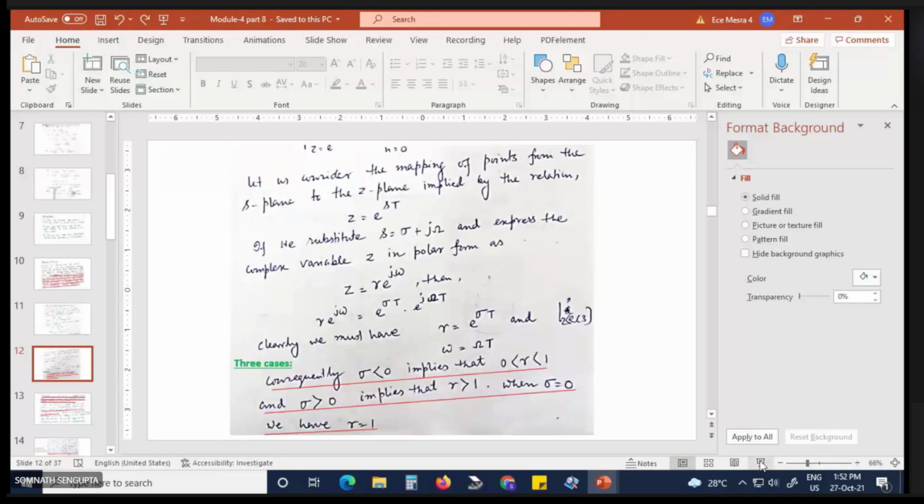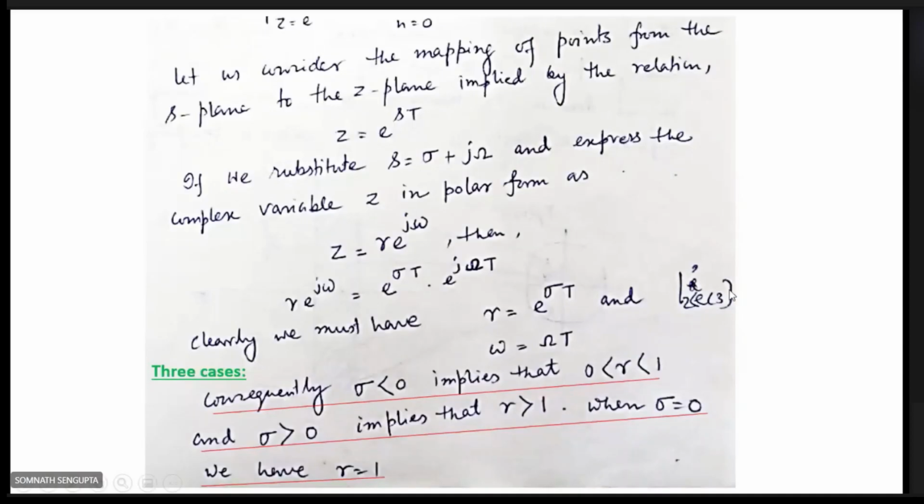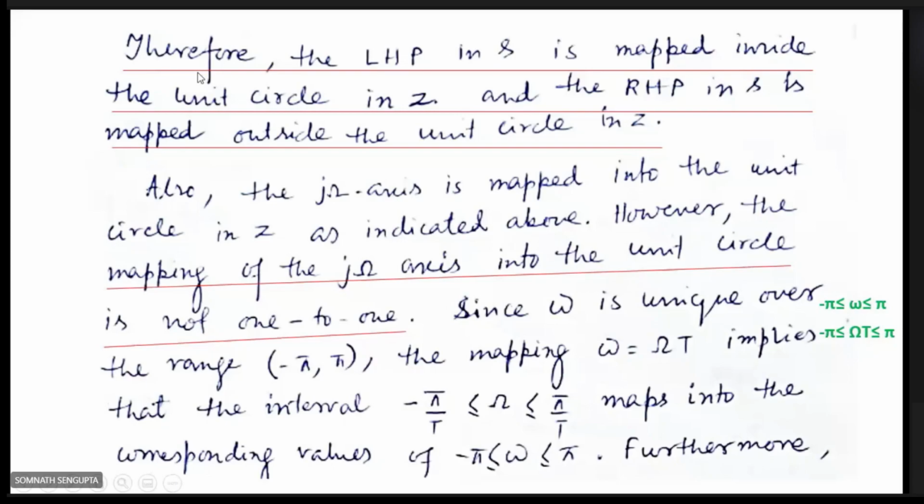As usual, this is explained here: the left half plane in the S domain is mapped inside the unit circle in Z, the right half plane in S is mapped outside the unit circle in Z, and the j omega axis is mapped onto the unit circle in Z as indicated above.